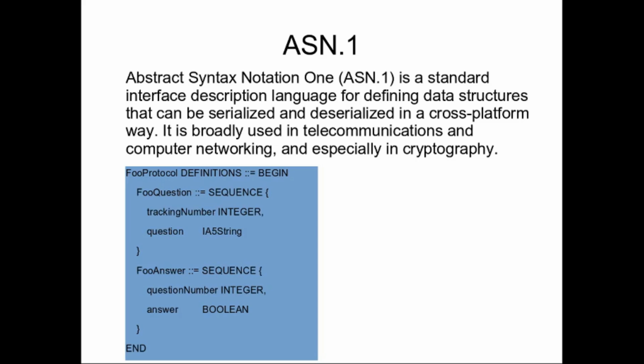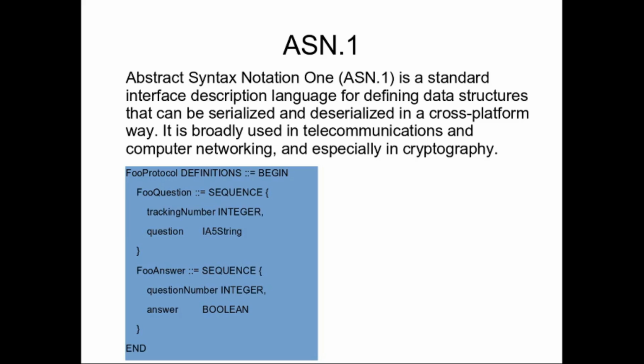Now what is ASN.1? Many of these notations you see, SNMP or LDAP or many other things, even keys, are formatted in ASN.1 notation. This is the standard description language for defining data structures that can be serialized and deserialized in a cross-platform way.